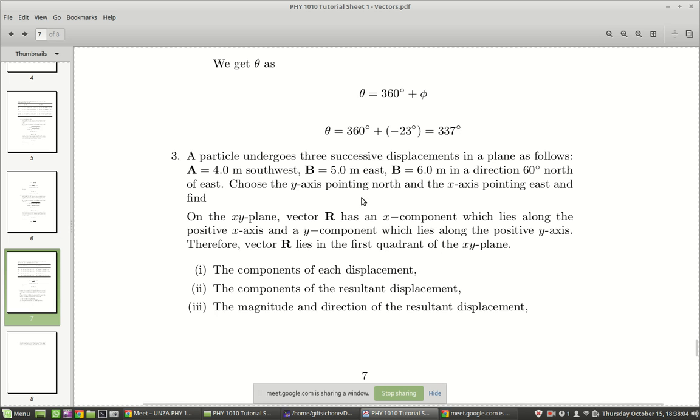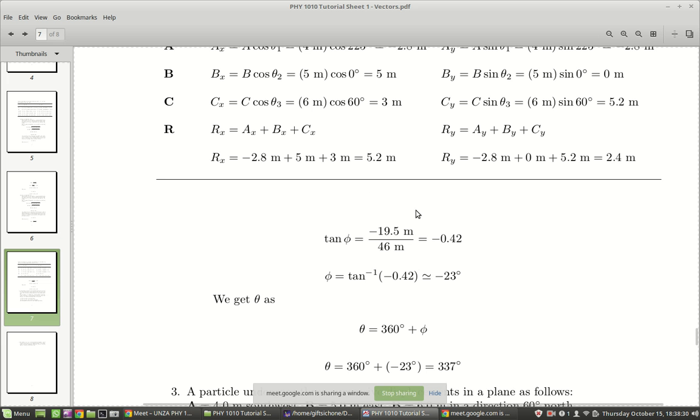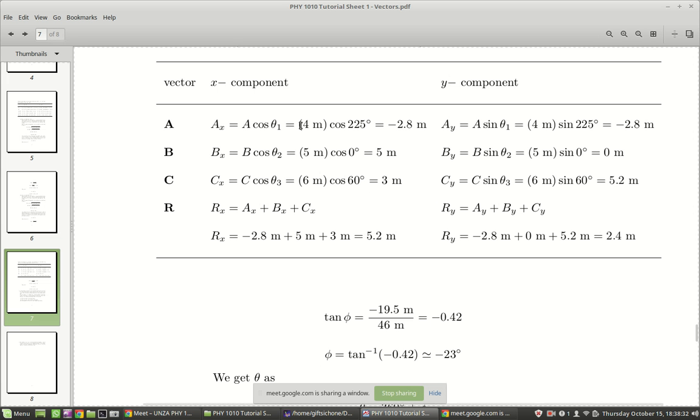So if you look at what you've done, the question says the components of each displacement. Have you seen that? Yes. That is the first question. So actually, the first question we have answered by filling up the table.